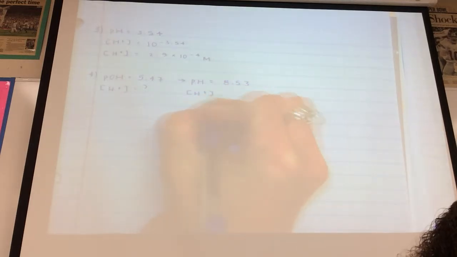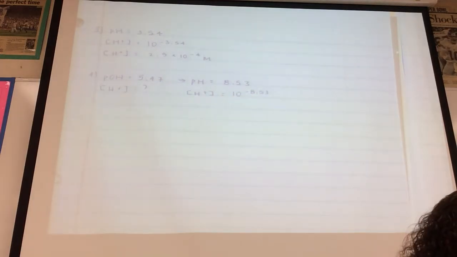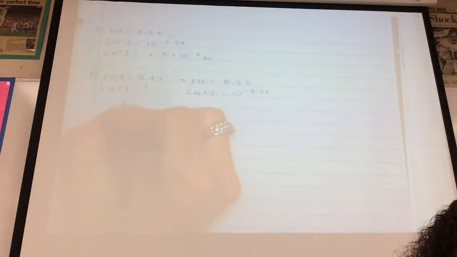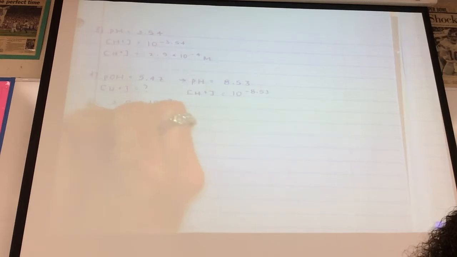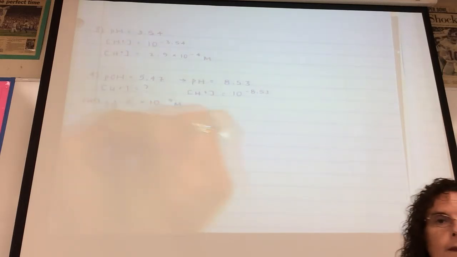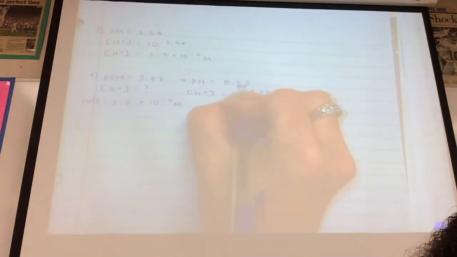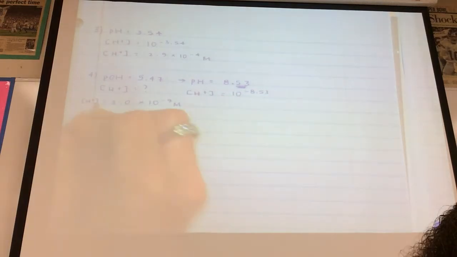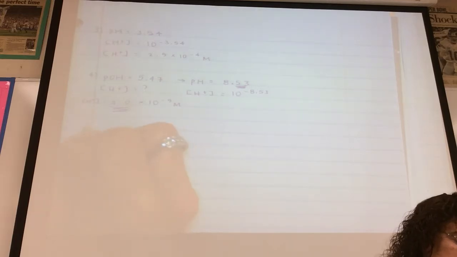Proton concentration is 10 to the negative 8.53. And sig figs here are a little tricky, so it's going to be 3.0 times 10 to the negative 9 molar as the concentration of proton. How does sig figs work? The sig figs for pH, again, it's only after the decimal point, whereas concentration, it's just typical. All right?